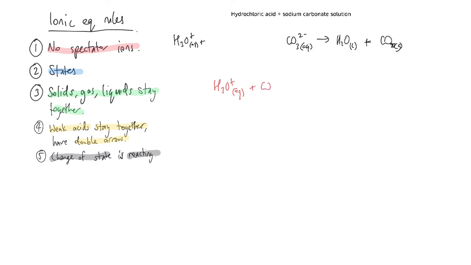Then you can write out the carbonate ions, and then you can write out what it forms, and then you can balance the equation. Okay, so you might need 2 of those to make 3 of those, right? And that's a balanced equation. All right, so that's that one there.